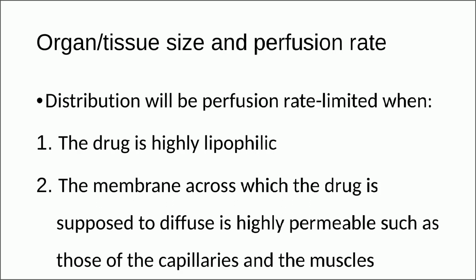Now coming to the concept of organ, tissue size and perfusion rate. The distribution will be perfusion rate limited when the drug is highly lipophilic and the membrane across which the drug is supposed to diffuse is highly permeable, such as those of the capillaries and the muscles.